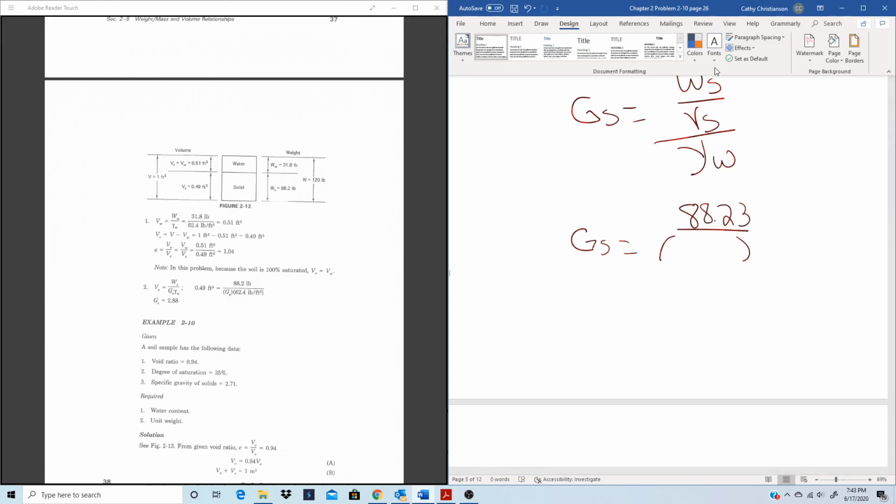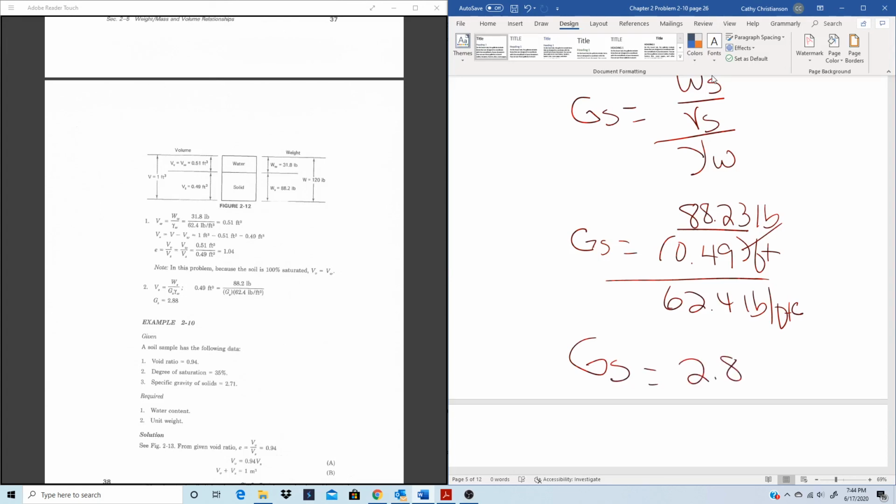So it's the weight of the solid divided by the volume of your solid, 0.49, and that's all over the unit weight of water, 62.4 pounds per cubic foot. The pounds and cubic feet will cancel out, and you should get a specific gravity of 2.89.